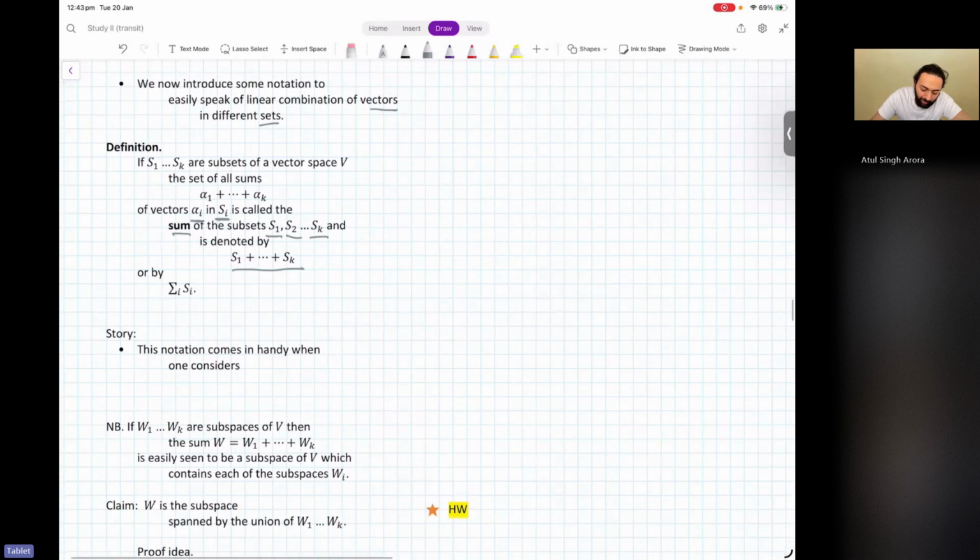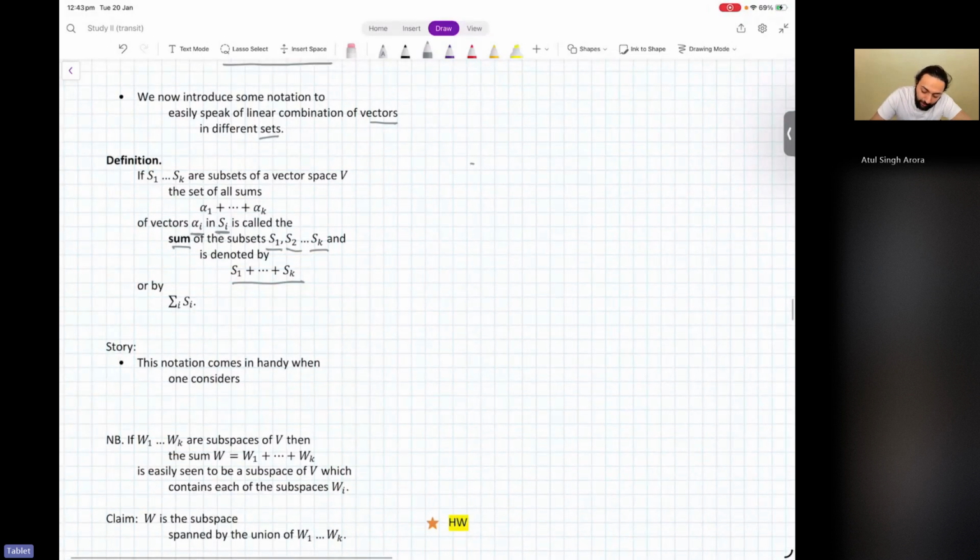Okay, so it's a bit of a mouthful, but all that it's saying is this. Suppose S1, S2, and so on, Sk are subsets of this vector space V. Then the set of all sums.